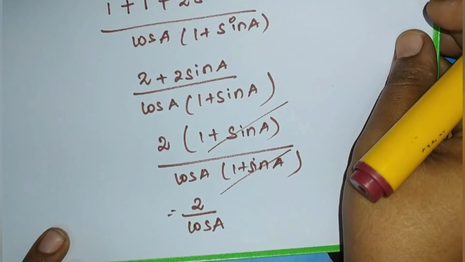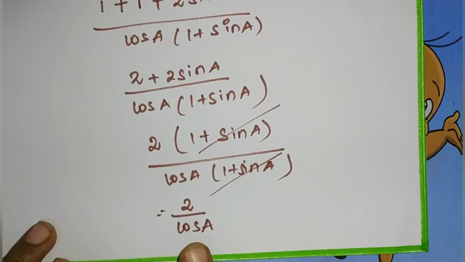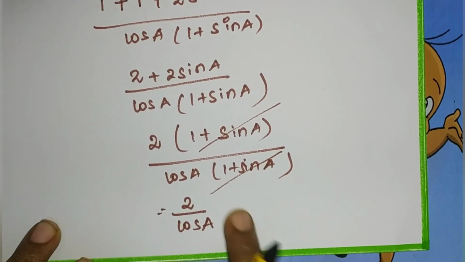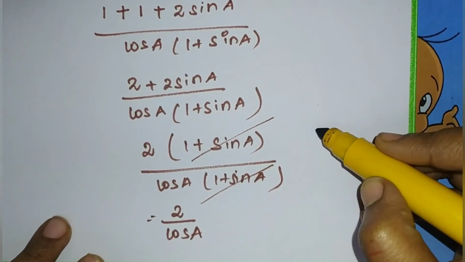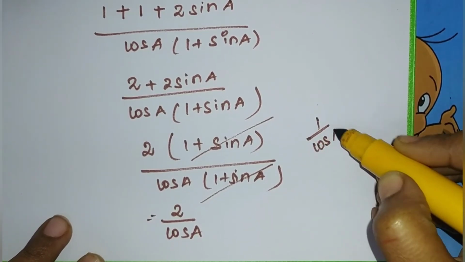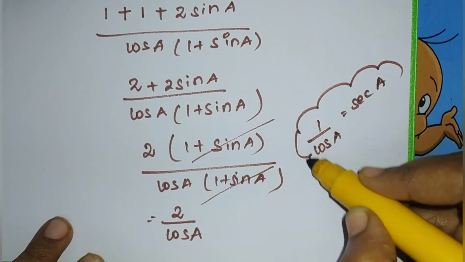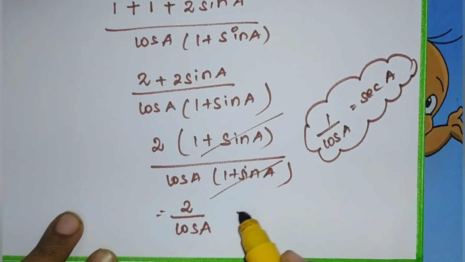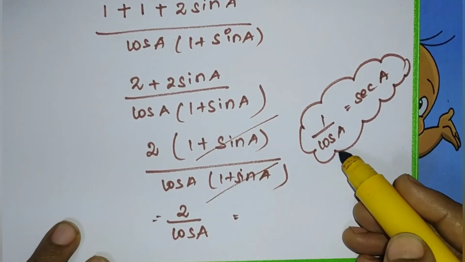How will we get 2 secant A? Cos is the reciprocal of secant. We can write secant A as 1 by cos A. Cos is the reciprocal of secant, and secant is the reciprocal of cos.